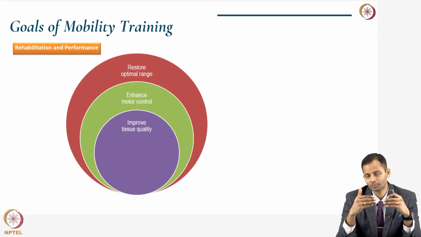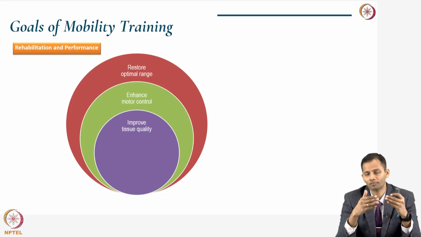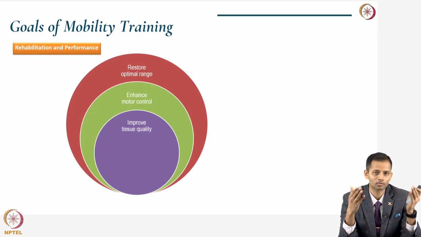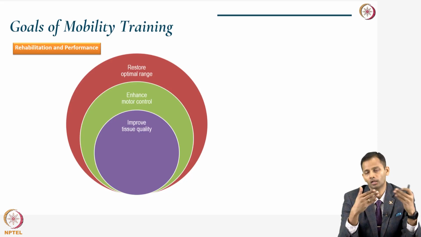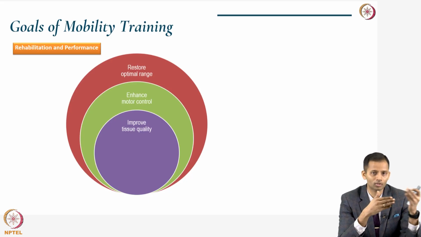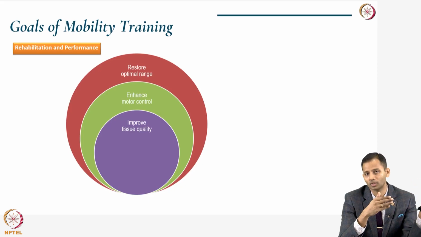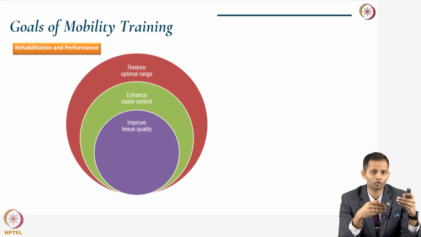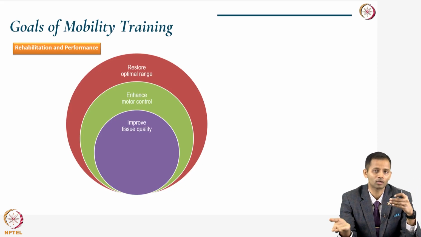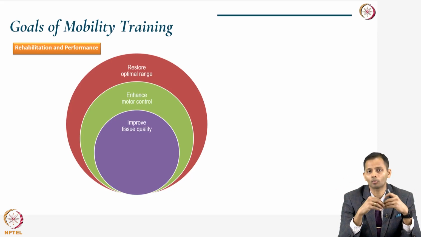The third important aspect or goal is to also have optimum tissue quality, to improve the tissue quality. Say for example, in an injury case, sports rehabilitation, if it is a ligament related injury or healing that is happening, then the quality of the tissue has to come back to the pre-injury level, so that it assists in having appropriate mobility.